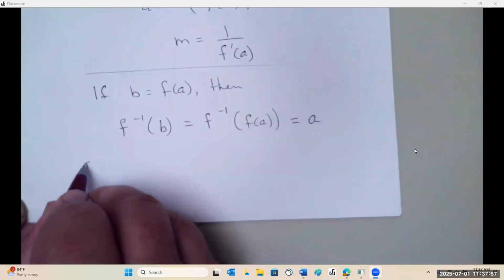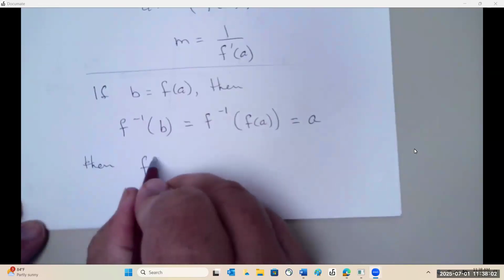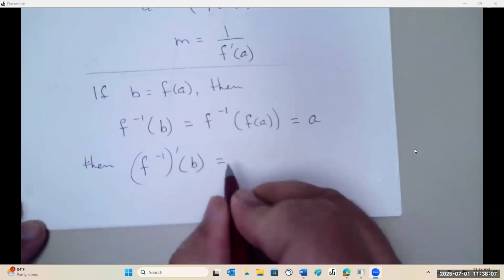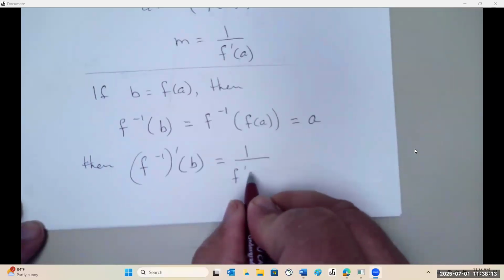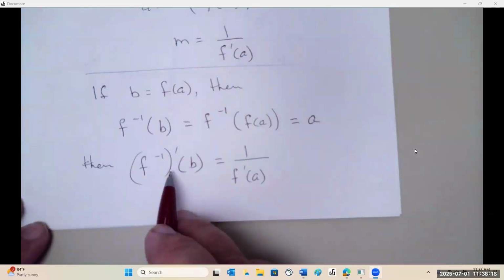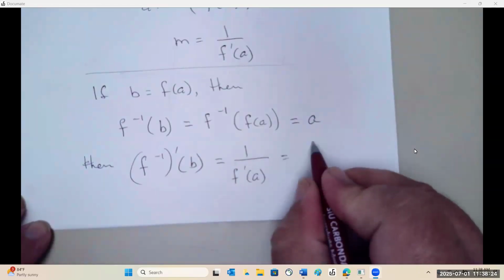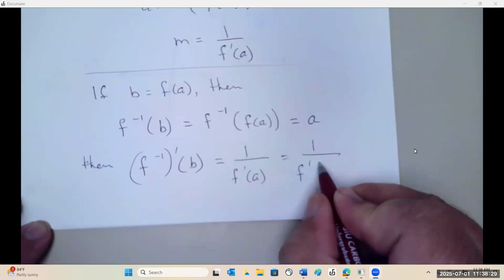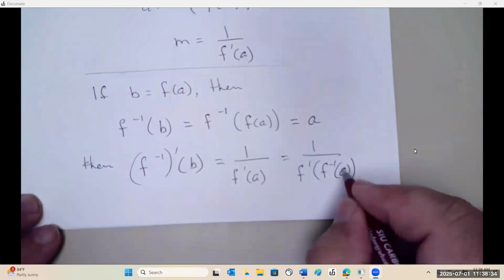If that's true, then the derivative of our inverse at b, the derivative of the inverse has to be 1 over the derivative of f at the inverse of b, I'm sorry.